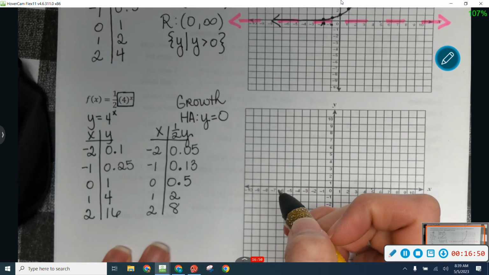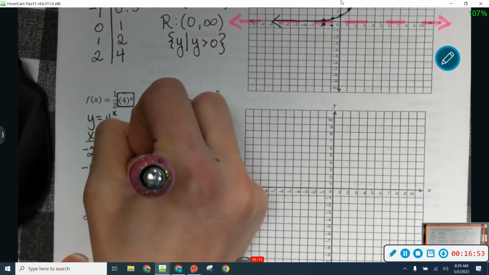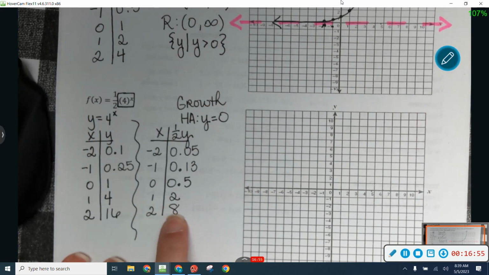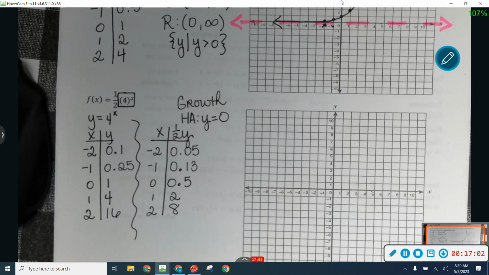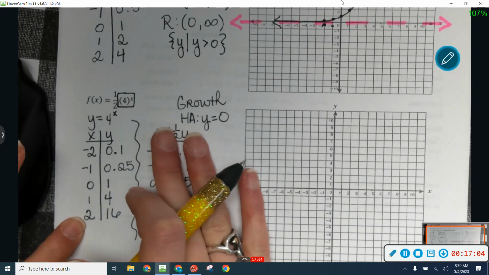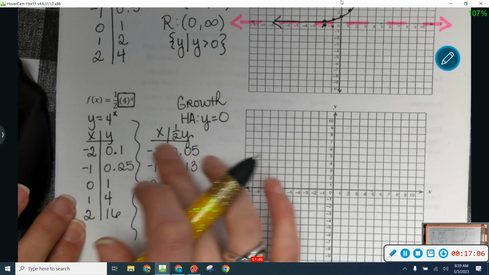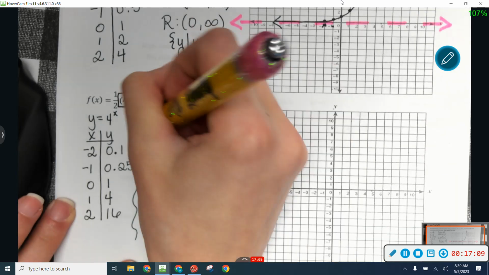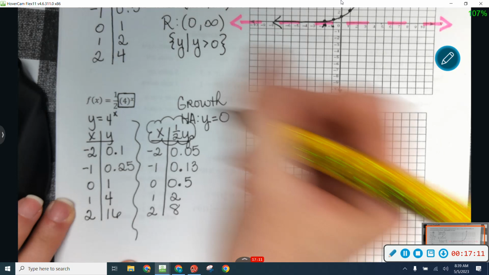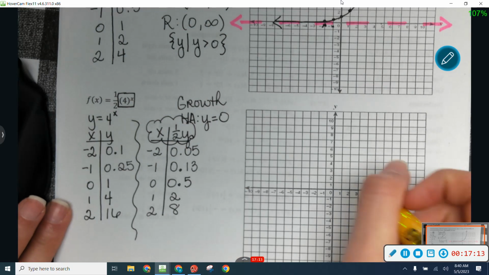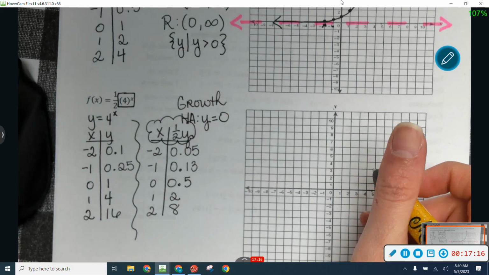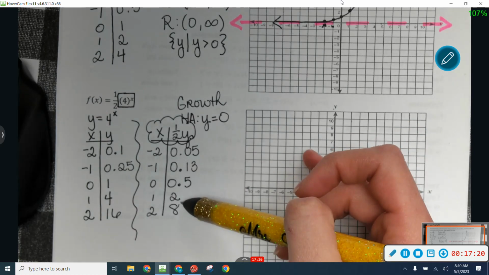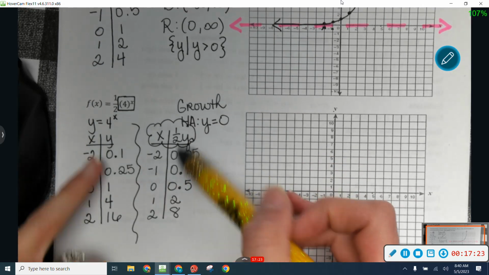But when I say get from the points, you can double check yourself with this, but I expect to see these two tables. Okay? So personally, I would say get your parent function if you want from the Inspire, but you're still going to have to manipulate it this way. I'm still going to be checking, do you know how to build this table? Okay? So you can check yourself the way that I just did. Plug in your full function, make sure the table is correct. But I expect to see both of these.